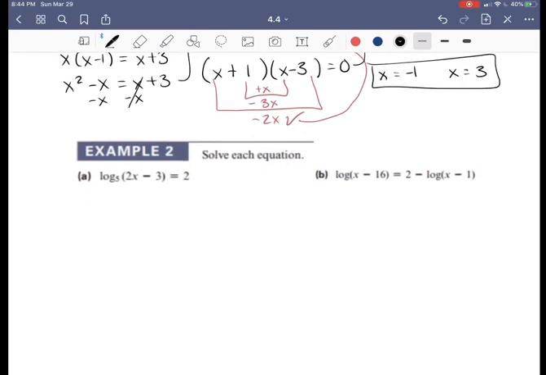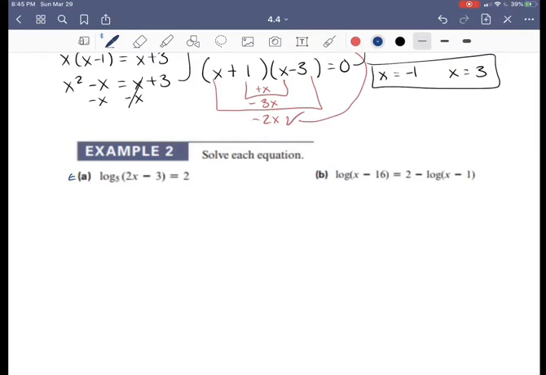Now, this one's a little bit different. For this problem right here, I have log base 5 of 2x minus 3 is equal to 2. I'm going to go exponential on this one.